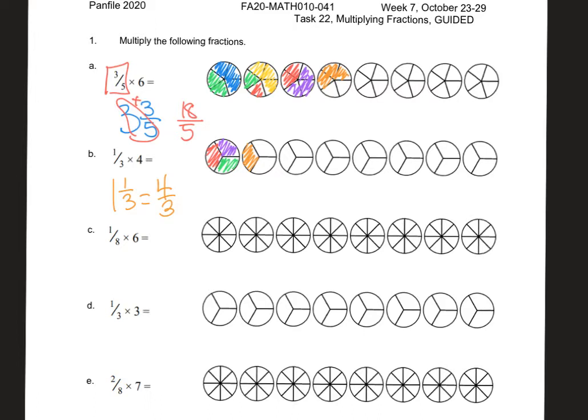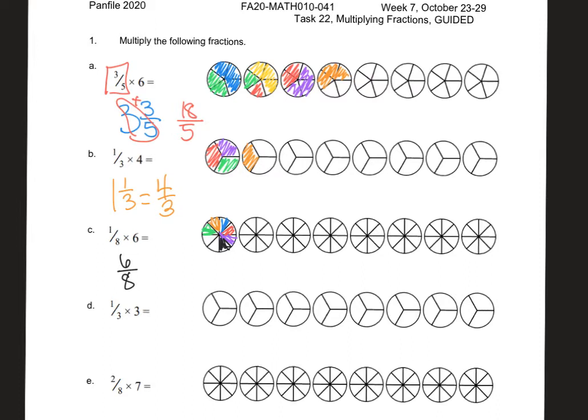If I have 1/8 and I'm multiplying it by 6, there's 1, 2, 3, 4, 5, 6, right?